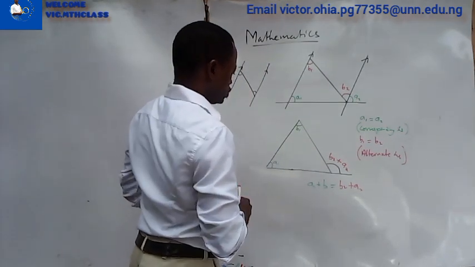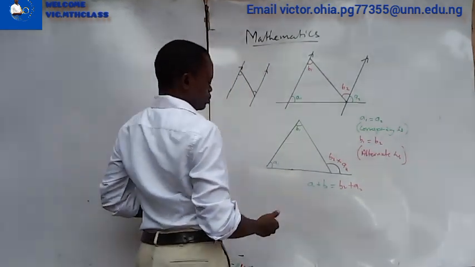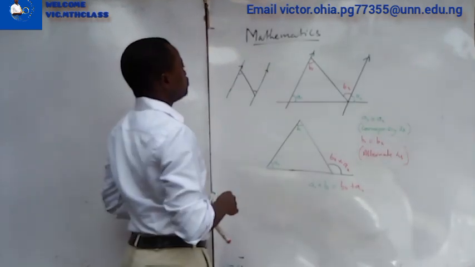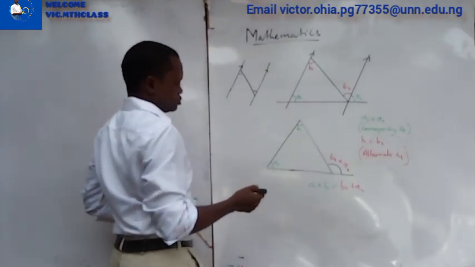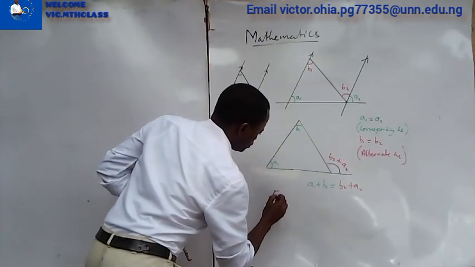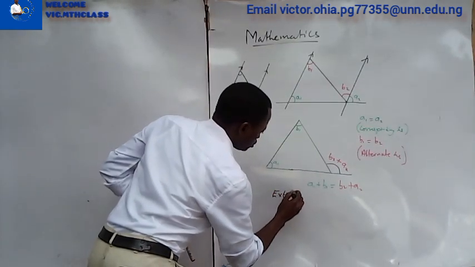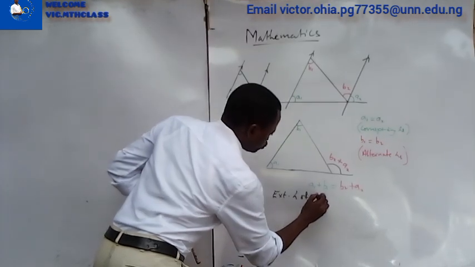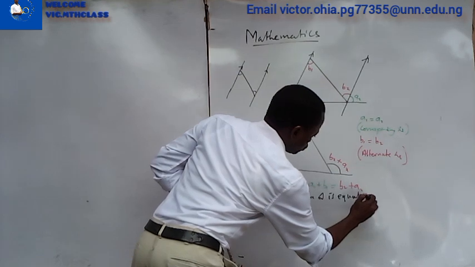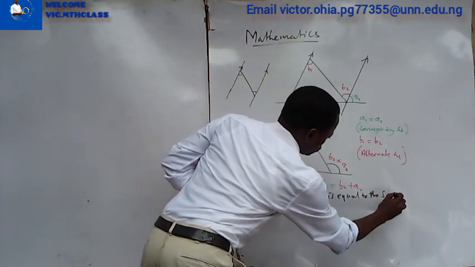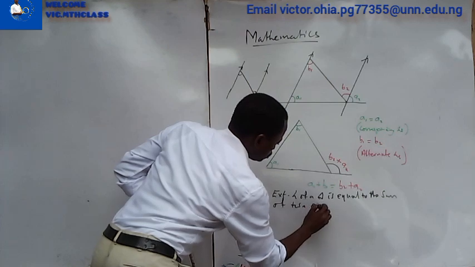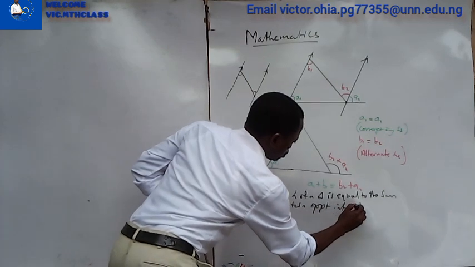What have we been able to establish? This is the theorem we are heading to derive, that the external angle of a triangle is equal to the sum of two opposite interior angles.